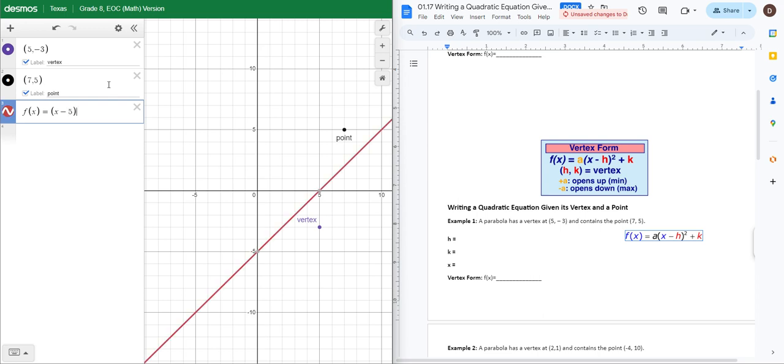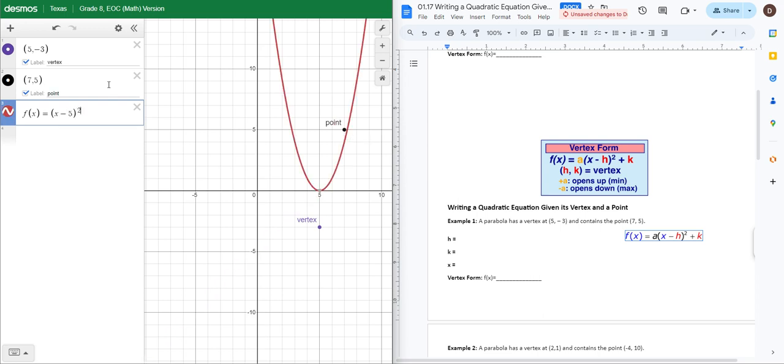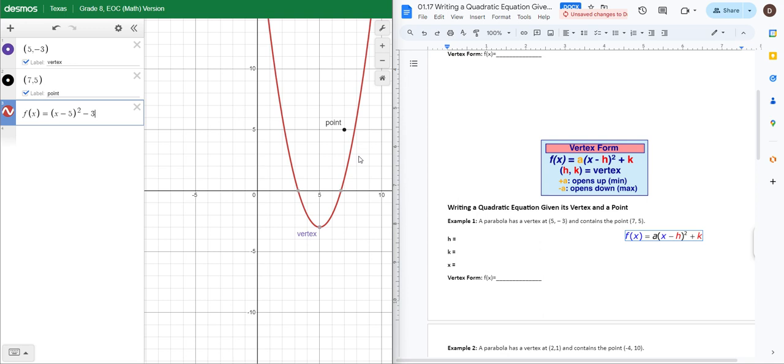So x minus 5, don't forget to square it, otherwise you're going to end up with a straight line. And then my k value is negative 3, so I'm going to tack that k value at the end.